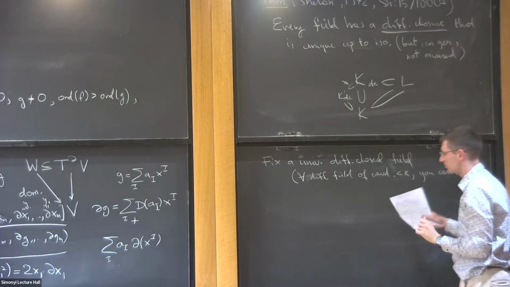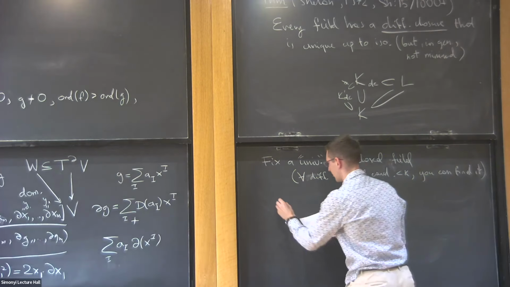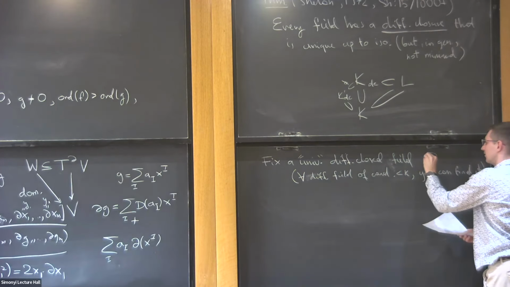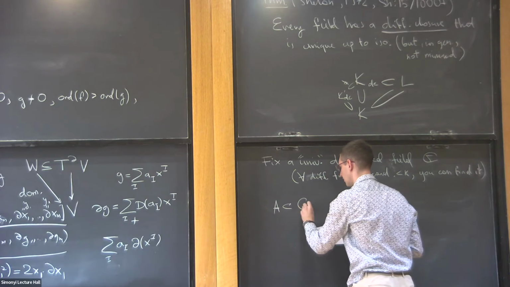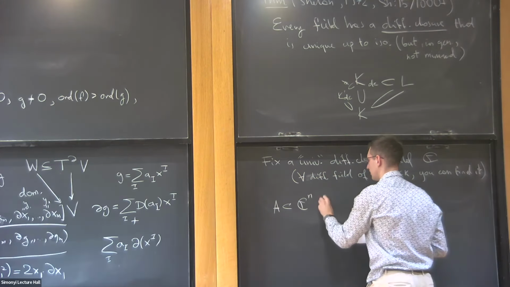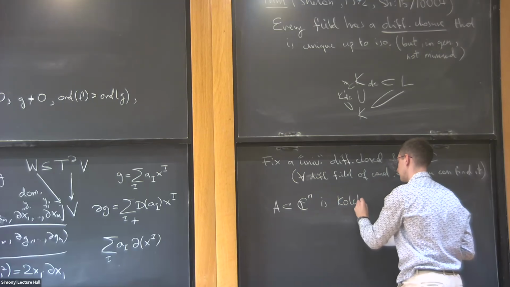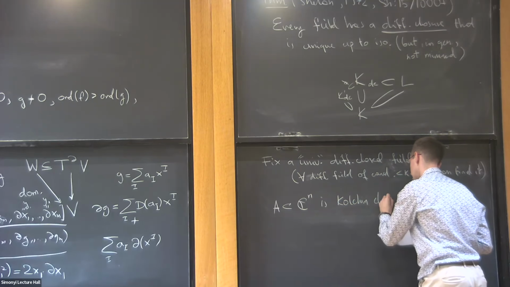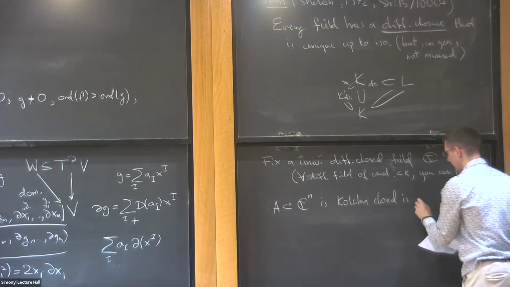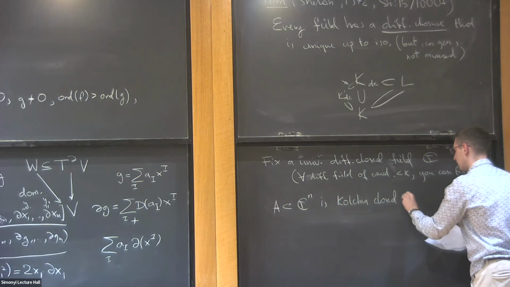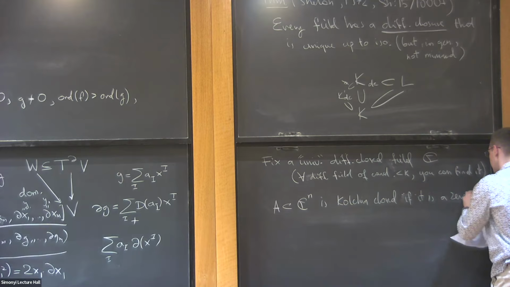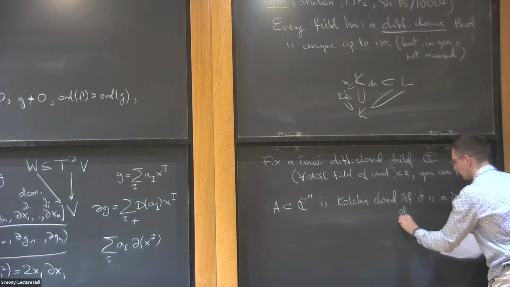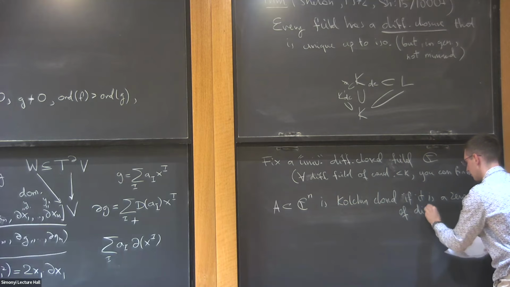You can work in a very big differential field, and then call it, I don't know, C, like complex numbers, and then a subset is Kolchin closed if it is a zero set of differential equations.